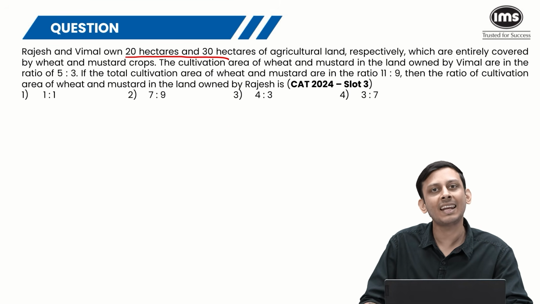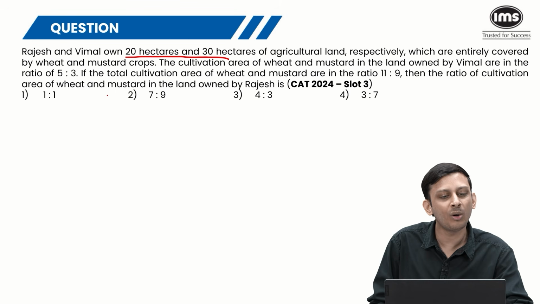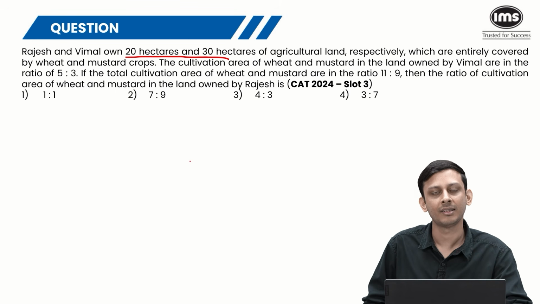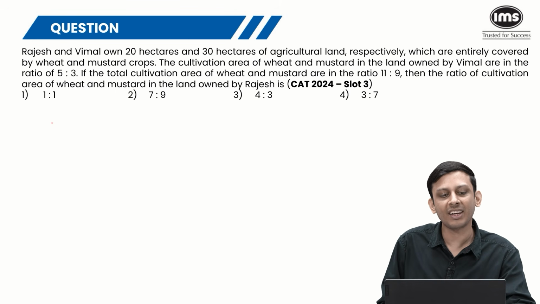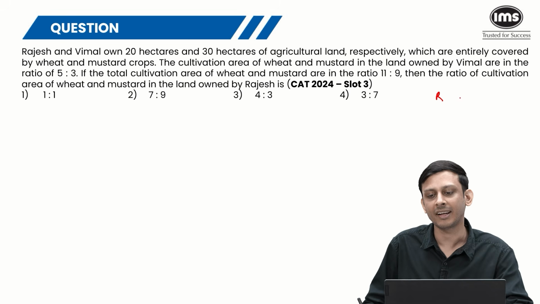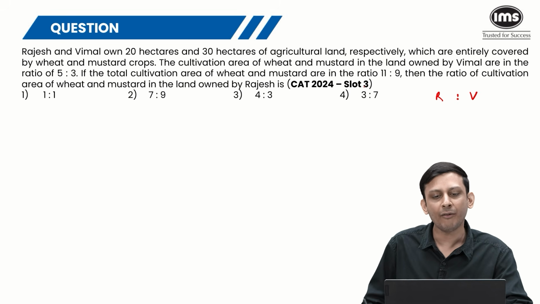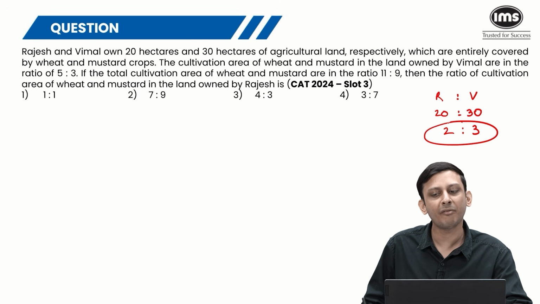But we can just take the ratio instead, because we don't need the actual numbers for the answer. So if you look at Rajesh and Vimal, I'll just show it at the side. We have 20:30, which we can simplify to 2:3. So let's deal with this simplified ratio, and then let's adjust this so that we get very convenient calculations.